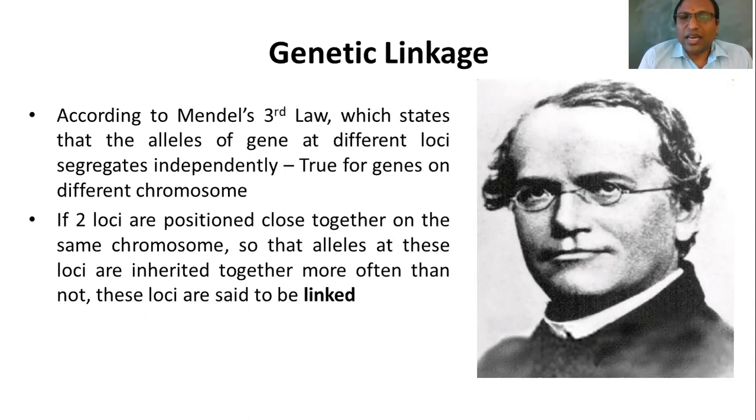If two loci are positioned close together on the same chromosome, so that the alleles at these loci are inherited together more often than not, these loci are said to be linked. That means on the same chromosome, if two loci are nearby, they are linked. If far away, they are on different loci.